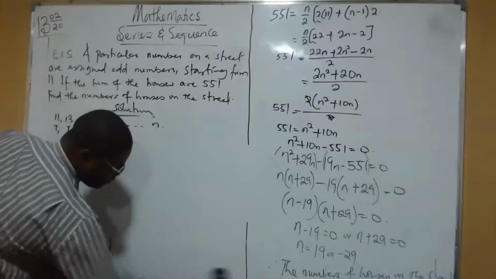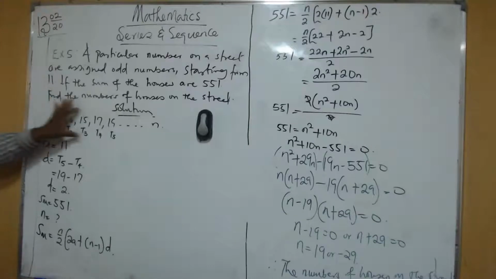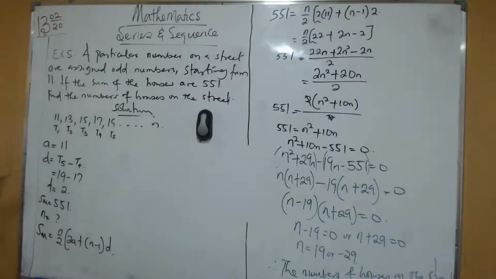we proceed. We talked about something earlier on. We said questions like this in JAM are technical because the question is not telling us whether it is an AP or a GP. From the preambles we have here, we deduce that we are going to use the sum of an AP to solve. If the common differences are not the same, then you should not conclude that.